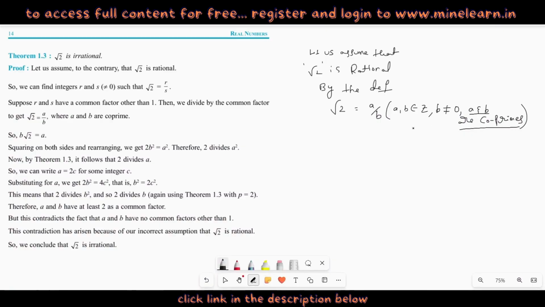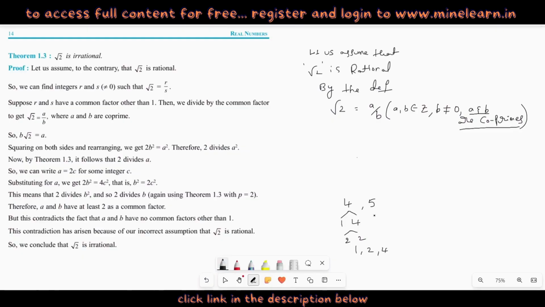Now, what is the definition of coprime? Suppose, for example, I take 4, 5. What are the factors of 4? 1, 2, 4.